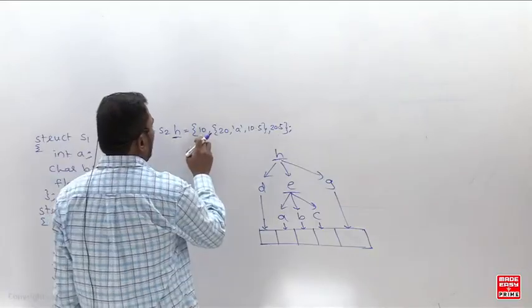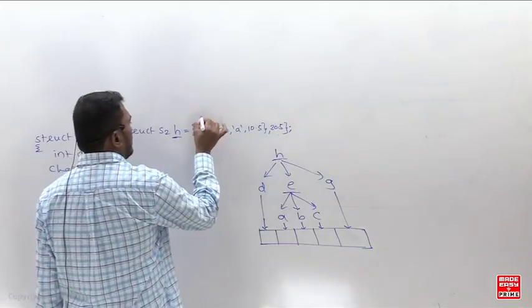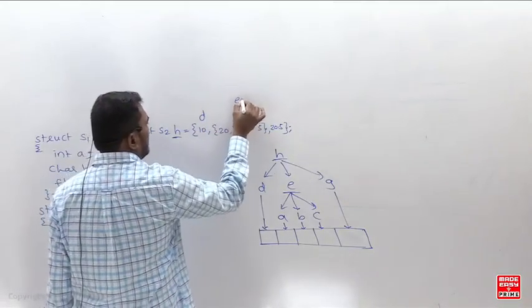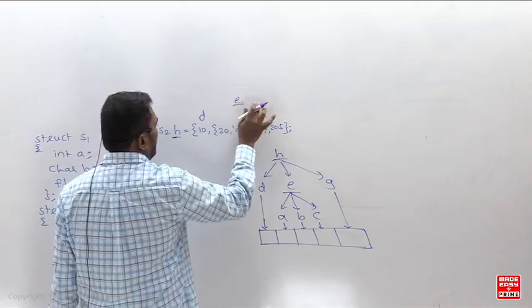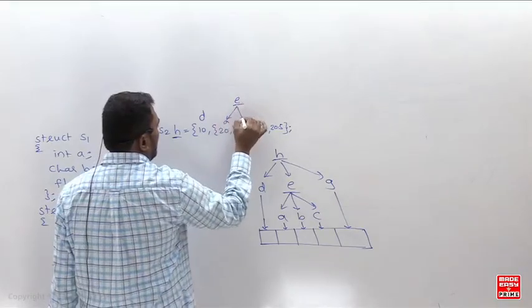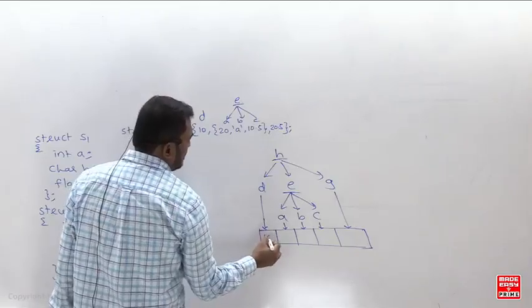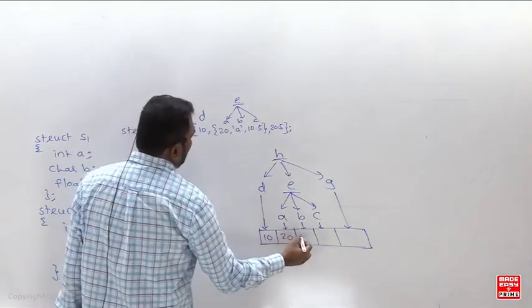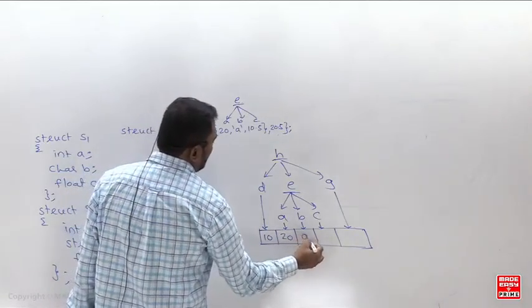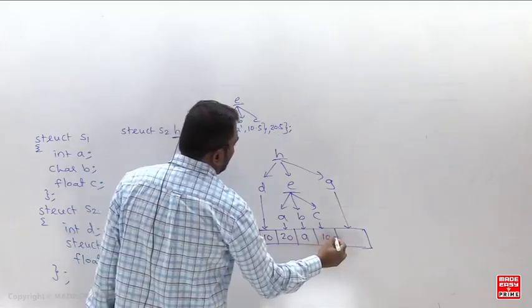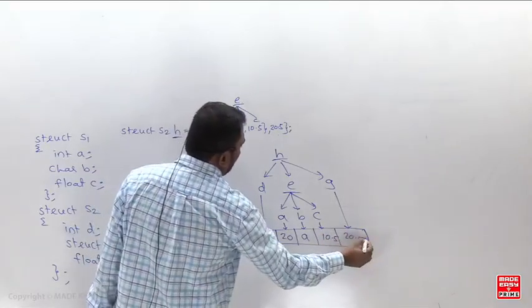Now tell me, first one is what? D, this is your D, and this is E here. So structure variable E. E के अंदर three things है: A, B, and C. So this is 10 here. A is 20, and B is character A, and this is 10.5, and this is 20.5.